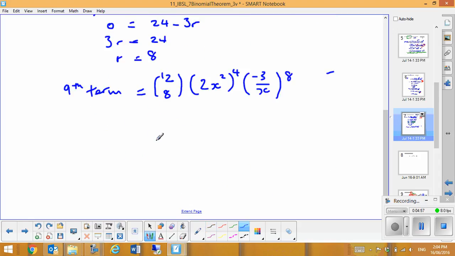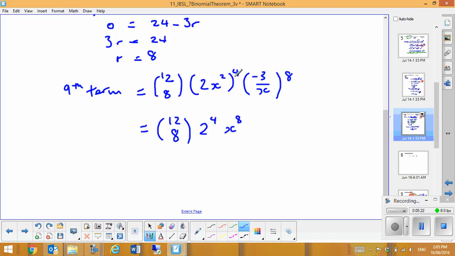And down here a bit. So then we need to use your calculators. Oops, sorry. We'll get rid of that little mark. All right, so we'll use the calculators for 12C8 in a moment. We then want times 2 to the 4th times x to the 8th.